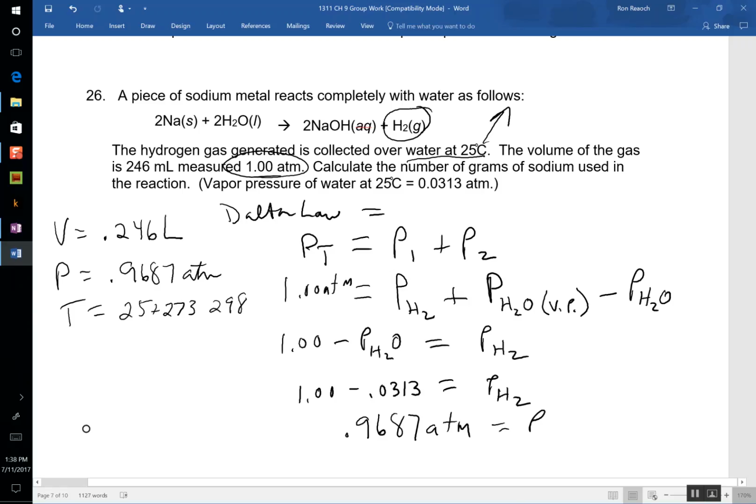And now it says calculate the number of grams of sodium used in the reaction. Well, we're going to calculate n, the number of moles of hydrogen, right now. And then you're going to convert moles of hydrogen back to moles of sodium and grams of sodium.